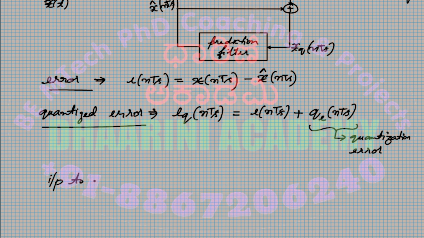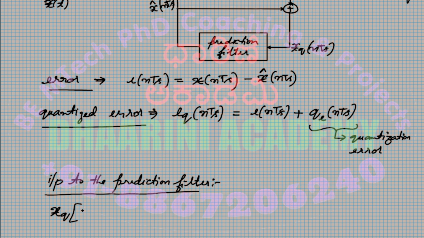Input to the prediction filter, denoted by, as you told, this is XQ, correct?